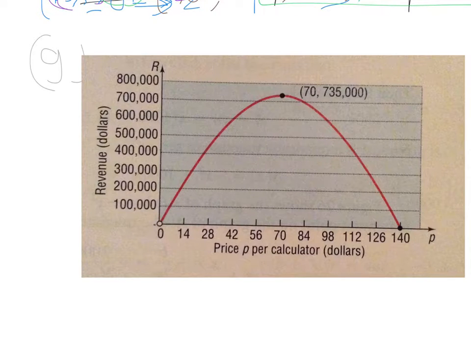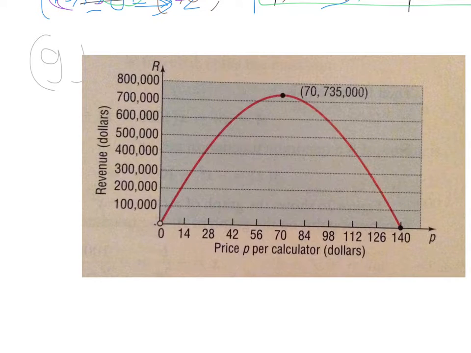Now for part G, it asks, what price should Texas Instruments charge to collect at least $675,000 in revenue? To illustrate this, if you look at the graph, you go to 675,000, which would be that silver line. I'm not even sure you can see it very well, so I'm going to use a darker color.